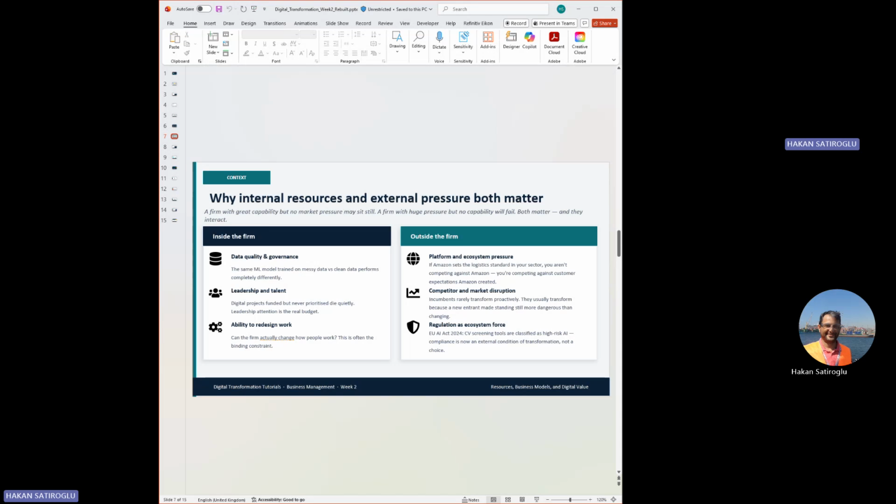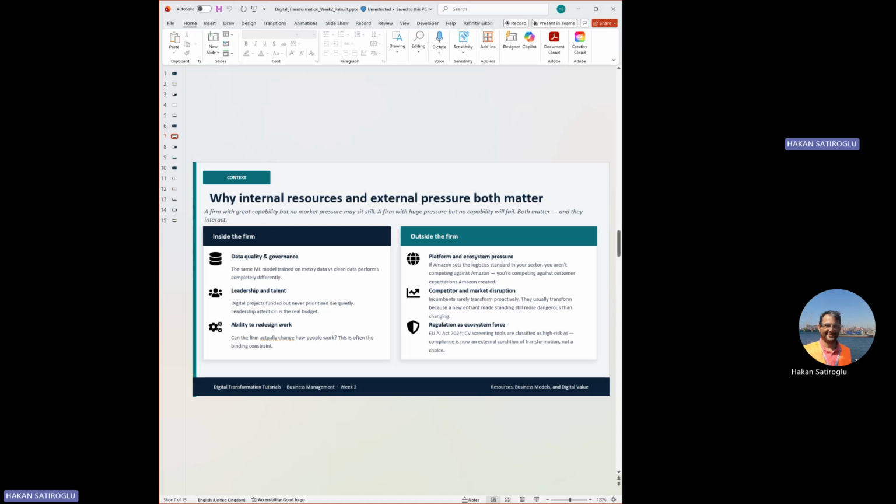Why internal resources and external pressure both matter: you have probably felt that from Zara's example. Internal resources are important, but external pressure is important as well, because we are not living in a bubble.